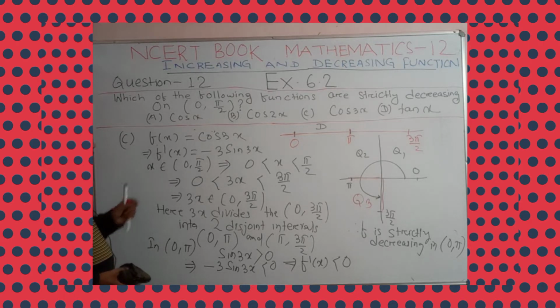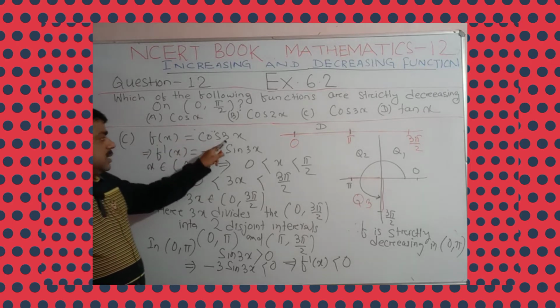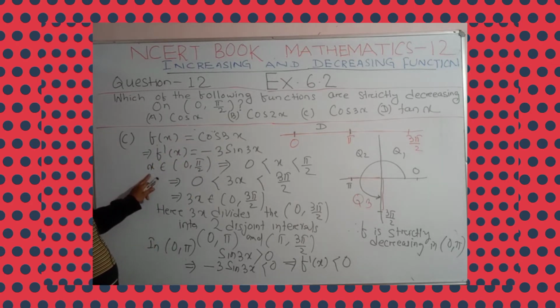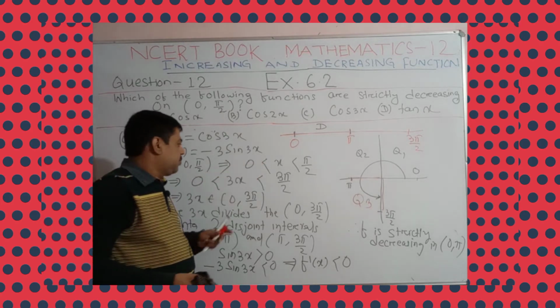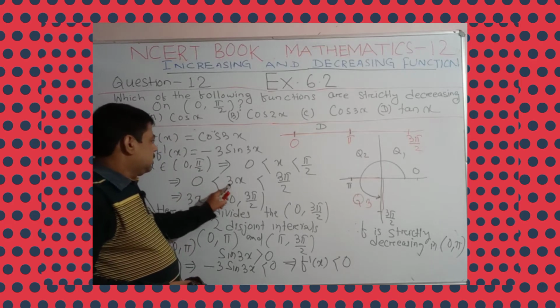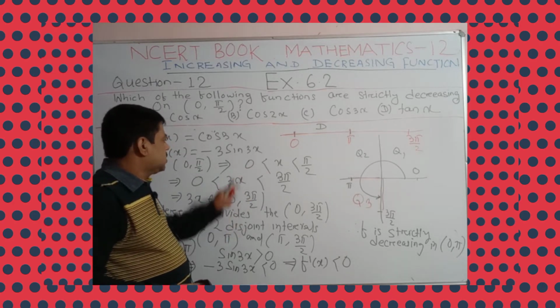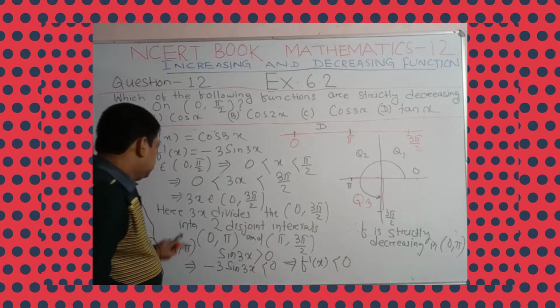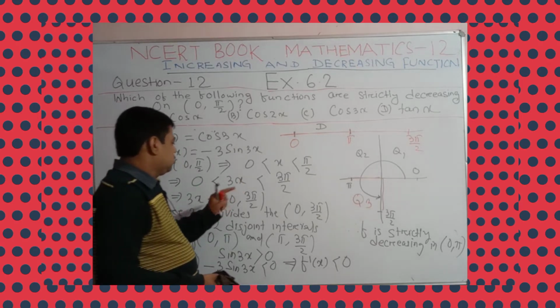Is it clear now? Once again, see f x is equal to cos 3x. So f dash x is equal to minus 3 sin 3x. Now see the interval: x belongs to 0 to pi by 2, which means 0 is less than x is less than pi by 2. So multiplying by 3 on both sides of the inequality, because the angle is 3x, 0 is less than 3x is less than 3 pi by 2. It means 3x belongs to the interval 0 to 3 pi by 2.